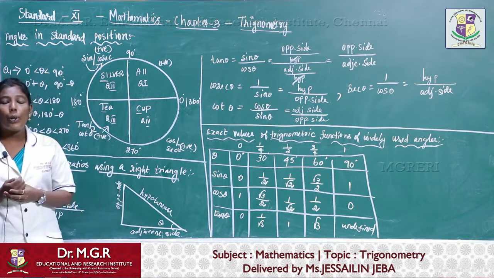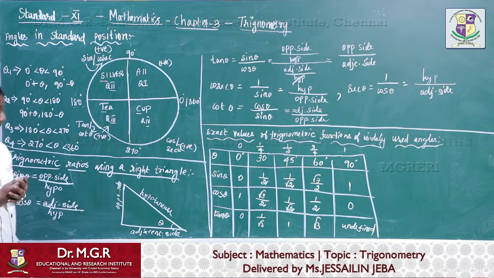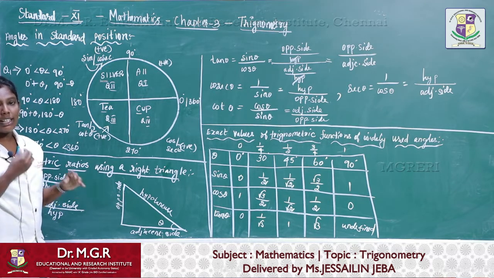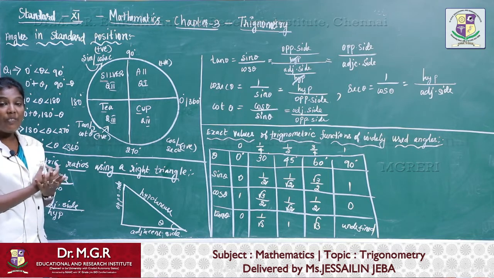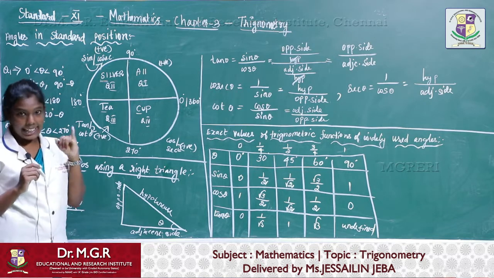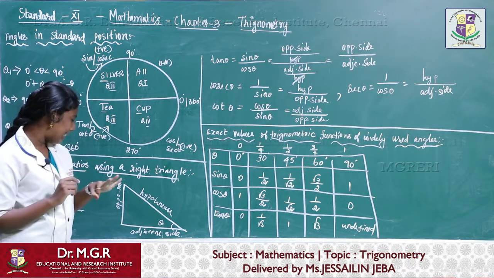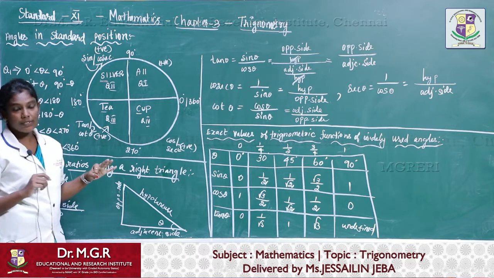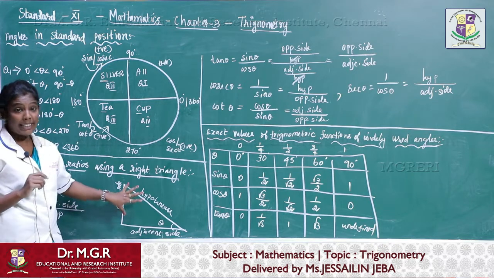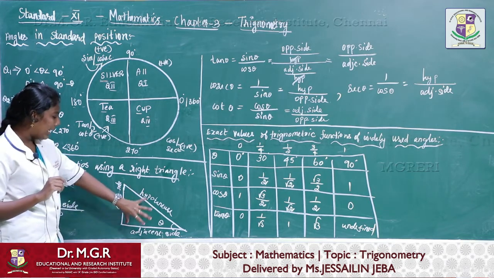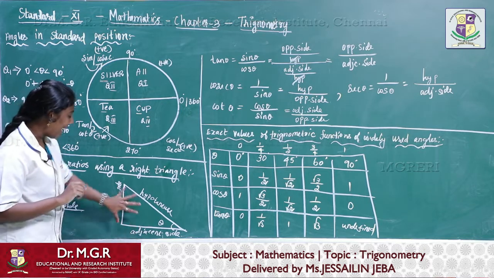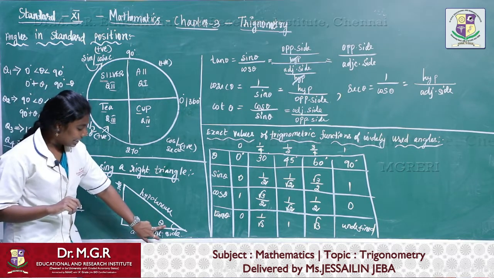So you already know what is a right angle triangle. This is our right angle triangle. In a right angle triangle we are having 3 sides. What are all the 3 sides we are having? Opposite side, hypotenuse and adjacent side. So how we are naming the sides in a right angle triangle is, this is our right angle, this is our theta.